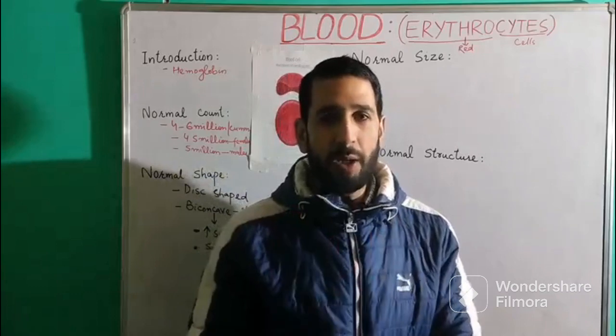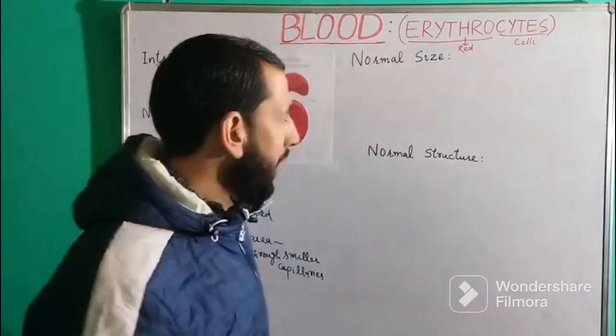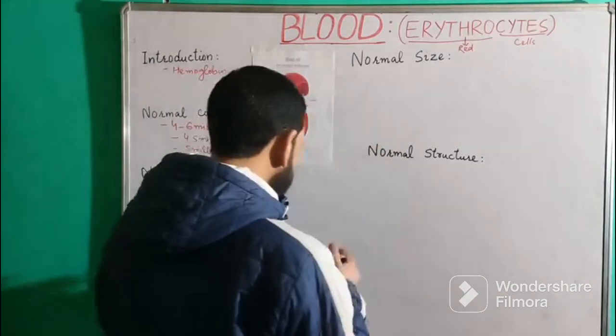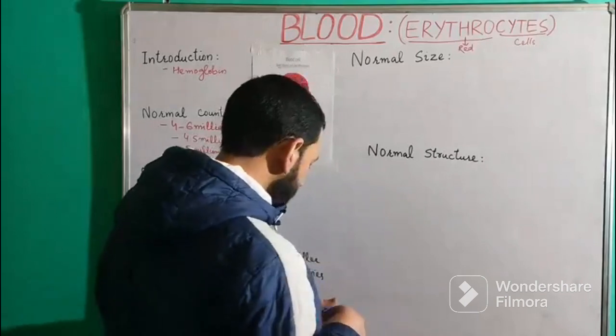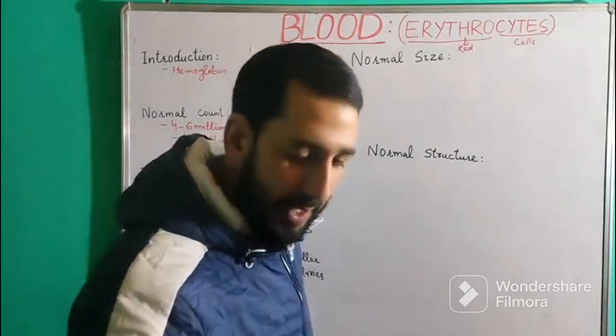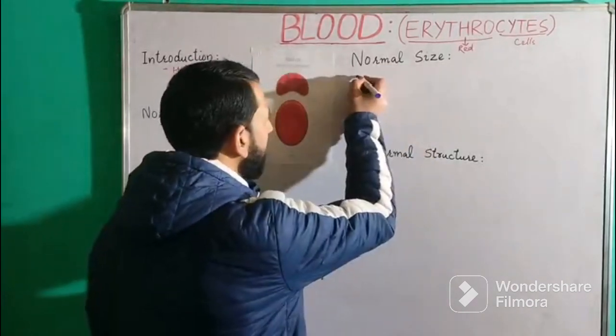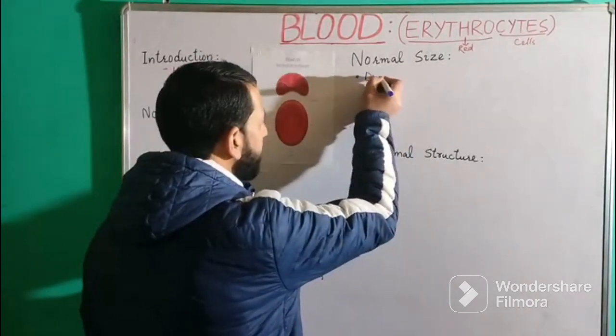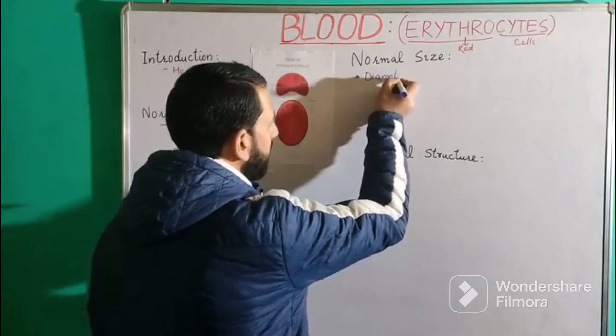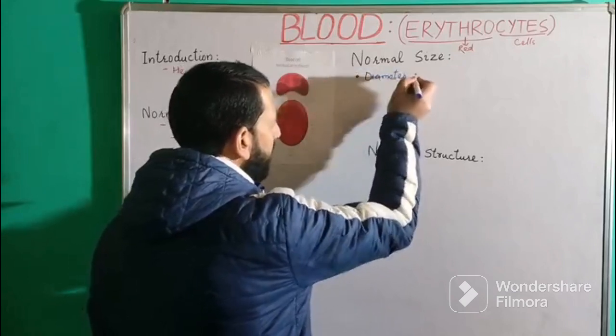Now let us talk about the normal size. In normal size, we are actually going to discuss four things. The first thing we are going to talk about is the diameter of these RBCs.